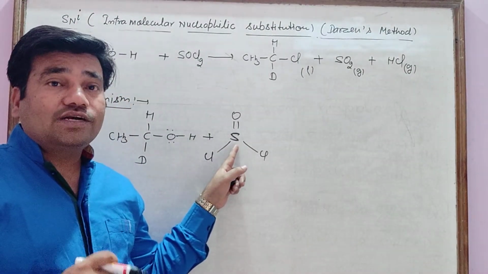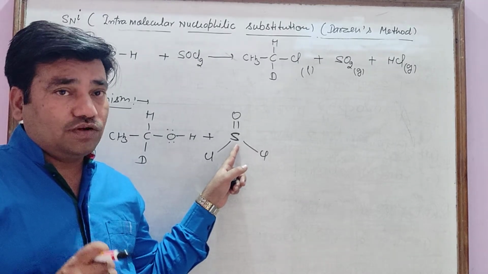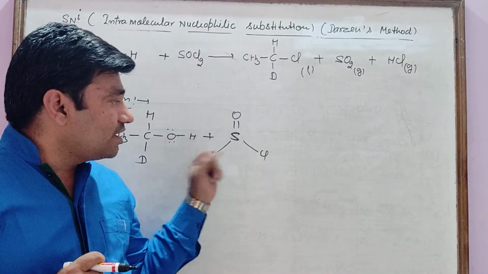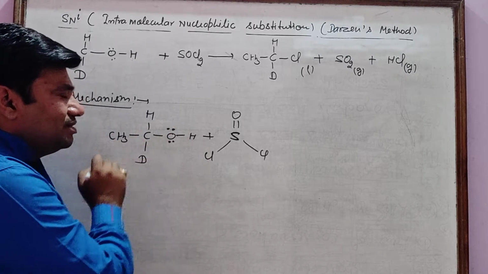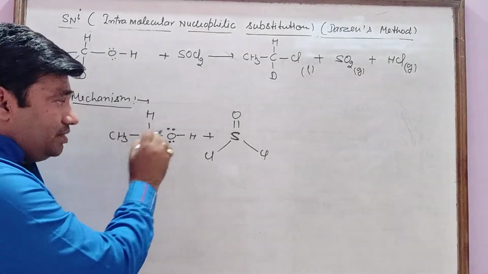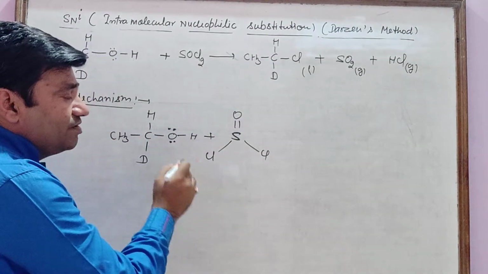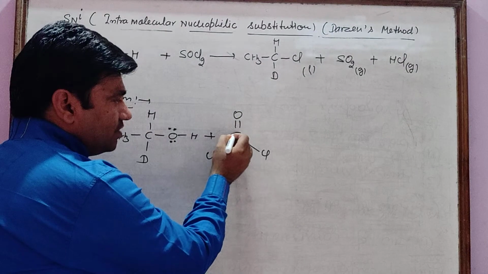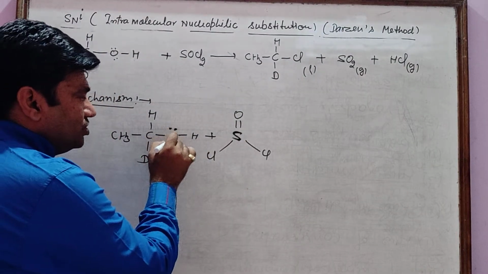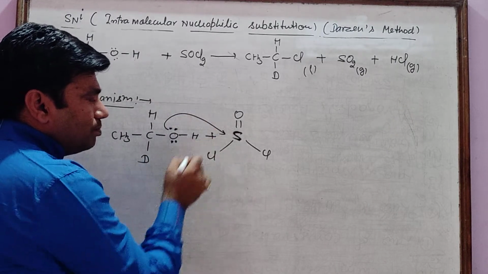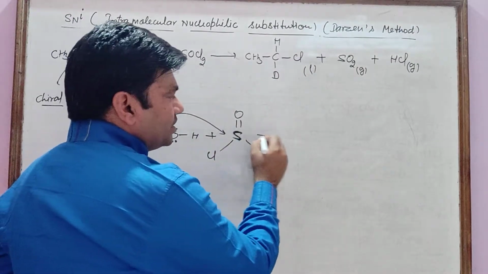Sulfur is an electron deficient atom because it has d orbitals. And here oxygen, you know, is electron rich. The oxygen present in this alcohol will be an electron rich atom. So this will be a driving force. This is electron deficient and this is electron rich. So this electron rich atom will donate the electron pair to the sulfur, right? Because sulfur is electron deficient, right?